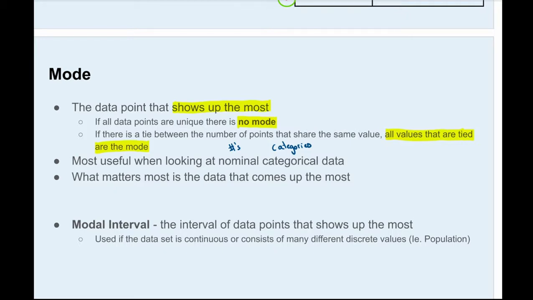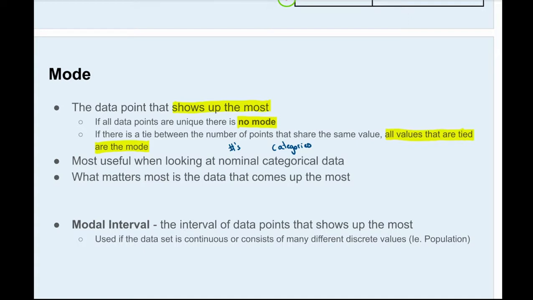And again, we use mode when what matters most is the data that comes up the most. That might not be in all cases, right? Maybe you're looking at shoe sizes. That's nominal categorical data.